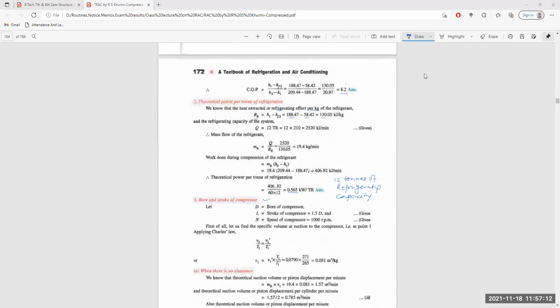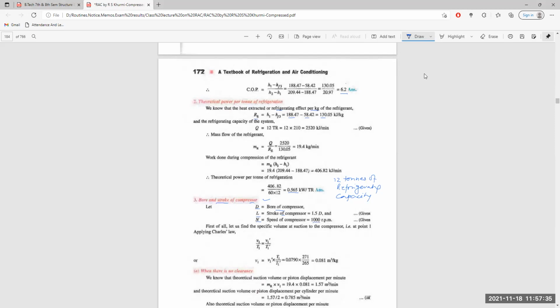Now let us go to the next question of the problem, the bore and stroke of the compressor itself. Let us assume D is the bore of the compressor and L is the length of the stroke, which is given as 1.5 D. Especially D and L are not given, which we are supposed to calculate, and the speed of the compressor is given as 1000 RPM. These are all given.